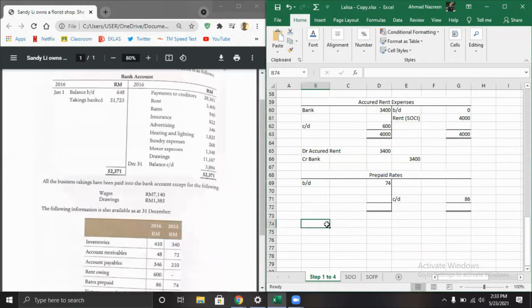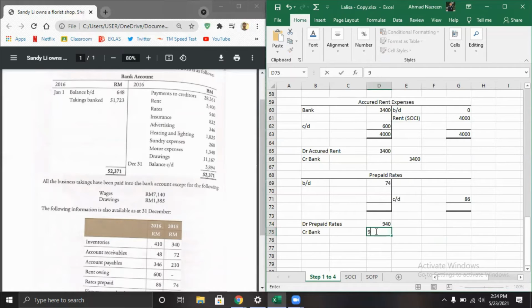Then we look at the bank account, where the rates we paid were 940 ringgit. So debit prepaid rates, credit rates, both totaling 940 ringgit. From this transaction, we can see where to put it.